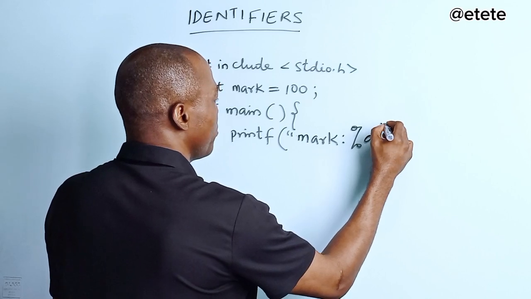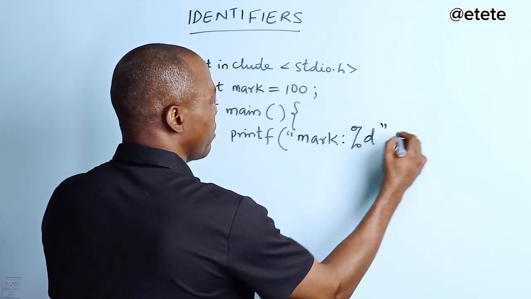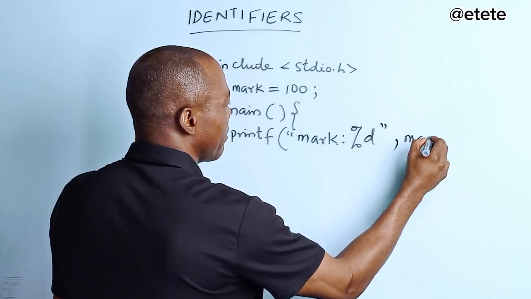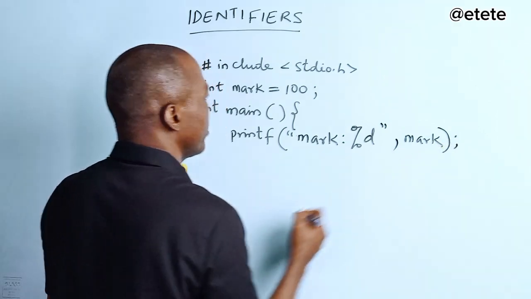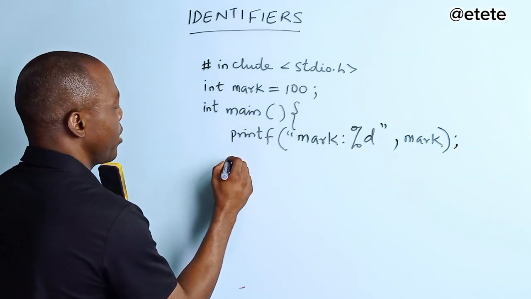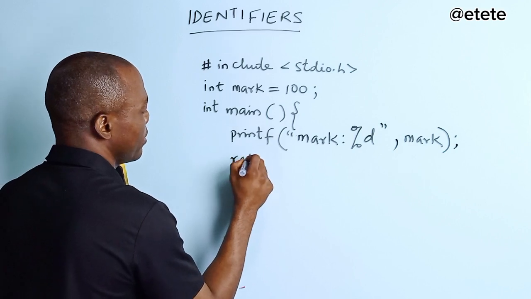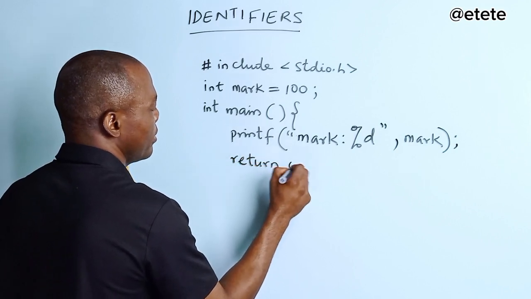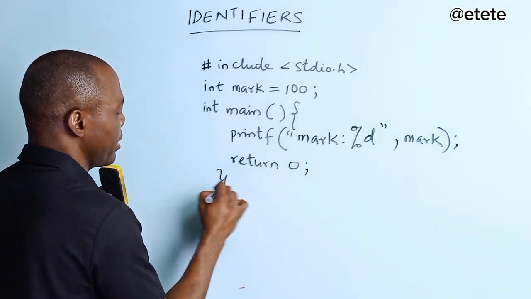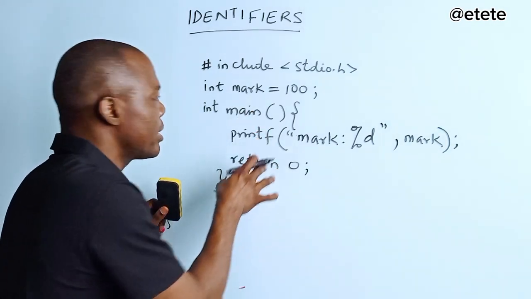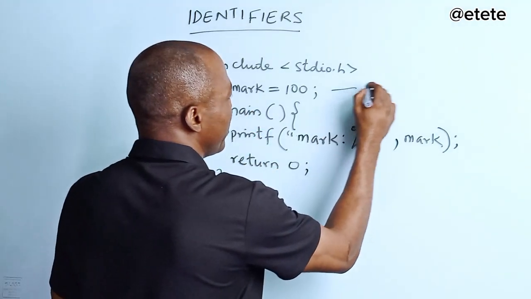Then I put my comma, then I bring in my mark. Then I close this, and I come here and say return 0. Then this is my curly bracket, I close this. Now, this is a global identifier.